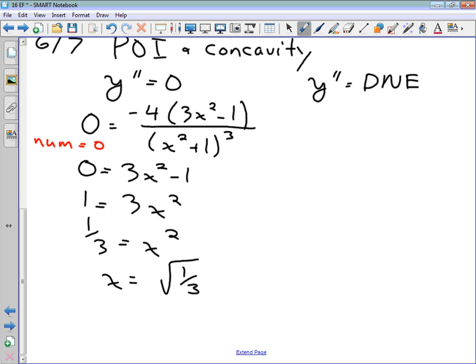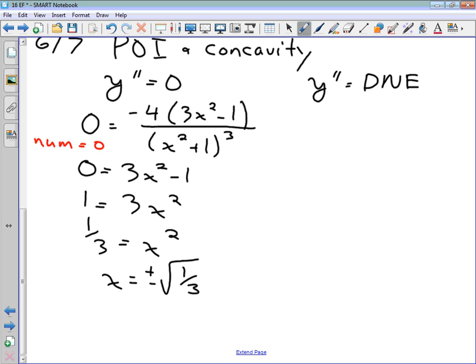Root 1/3? What do you have to remember when you are taking the square root of something that is itself squared? Positive or negative. Yeah. This is important because this means we have two possible points of inflection, two critical numbers to use in our concavity table here.